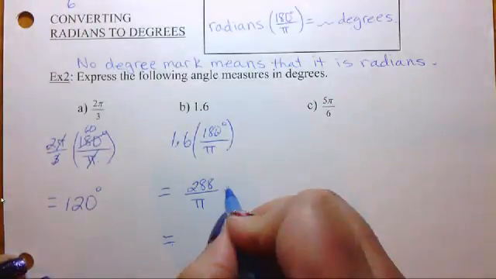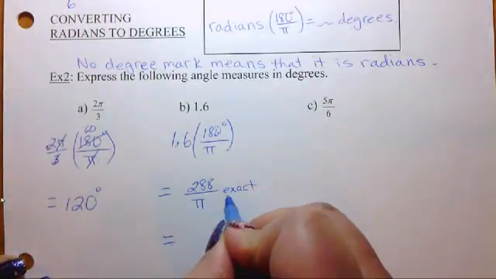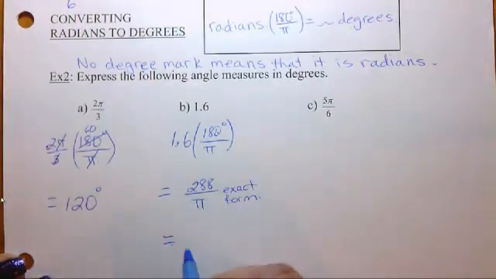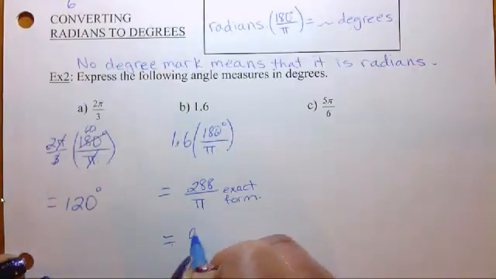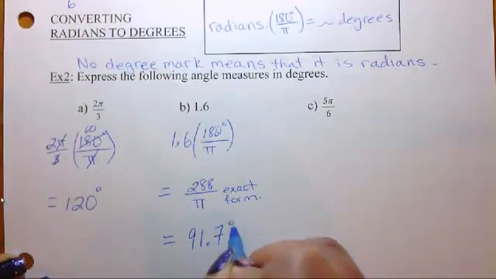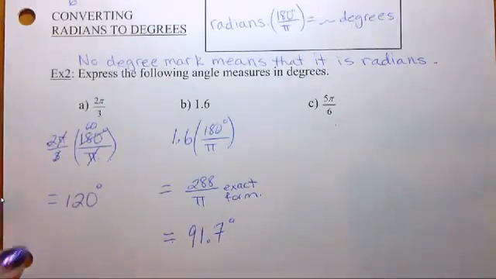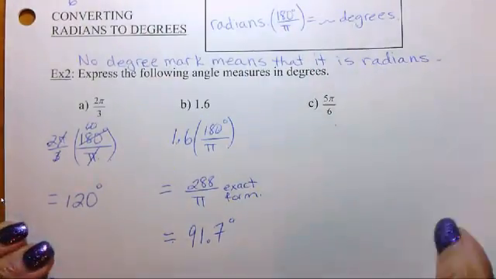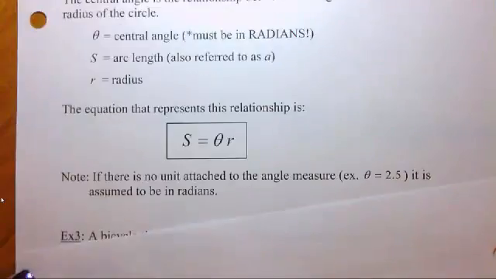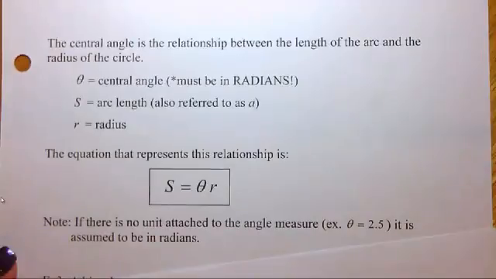So this would be exact form, and this would be approximate form, an approximate decimal number. Okay, I'm going to leave this one for you to try on your own. Let's continue to the question on the next page, which is an application problem.